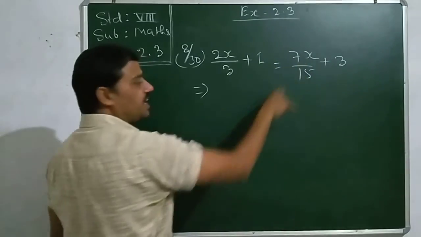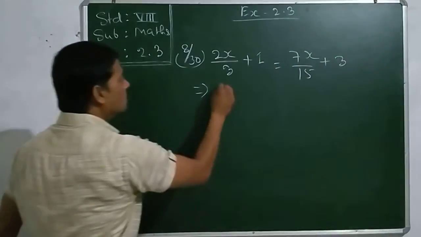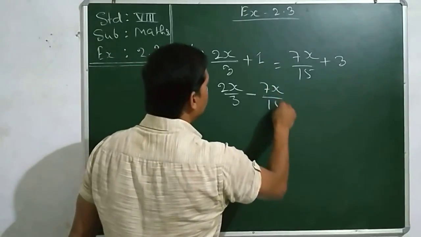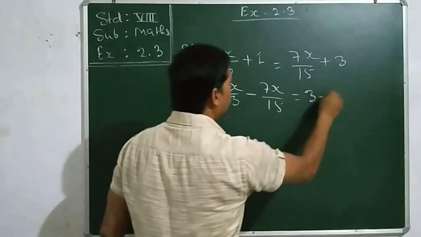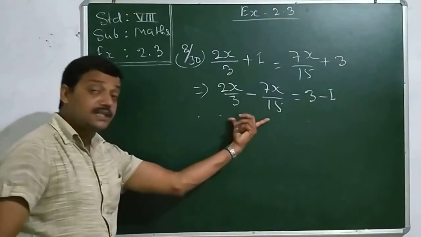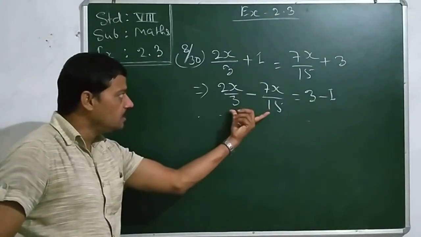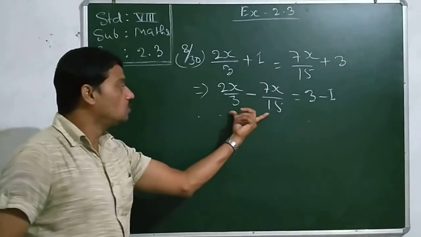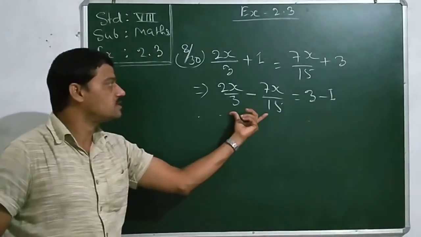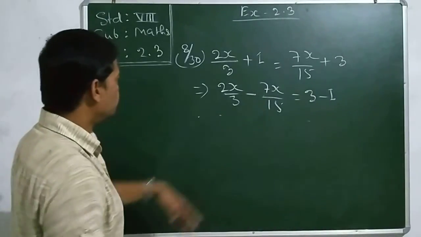Transpose the term containing x to the LHS. 2x by 3 minus 7x by 15 equal to 3 minus 1. Calculate the remaining steps. By taking the LCM, take care. You will take the LCM of both of these numbers, and then as you have learned in the addition of fractions, you will complete the sum.